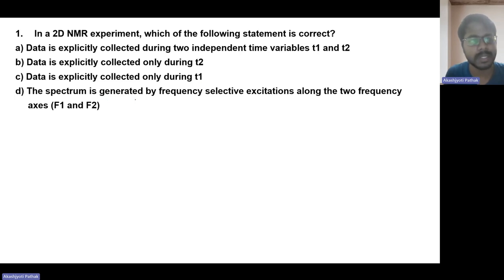And the last option: the spectrum is generated by frequency selective excitations along the two frequency axes, F1 and F2. So what will be the answer to this question? You have to pick the statement which is correct among these four options.